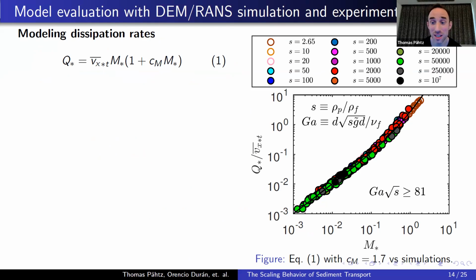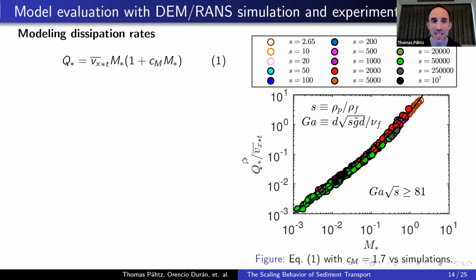And what we find is that this equation is actually very well obeyed over all these conditions with a constant value of Cm of 1.7 if this dimensionless number, this Ga squared S, is sufficiently large. And this number is essentially a measure for the effects of grain inertia relative to viscous forcing.